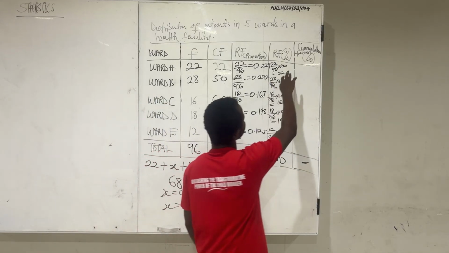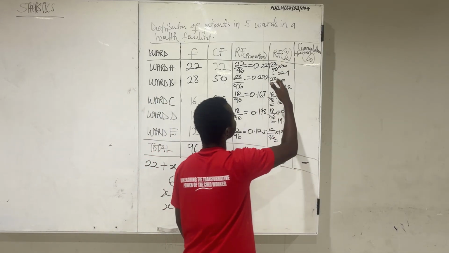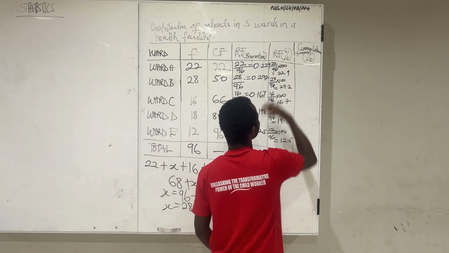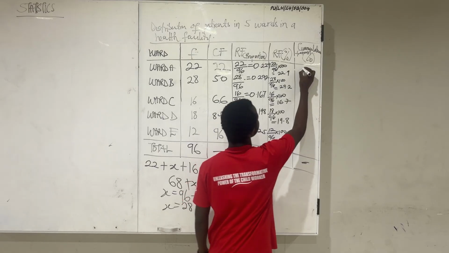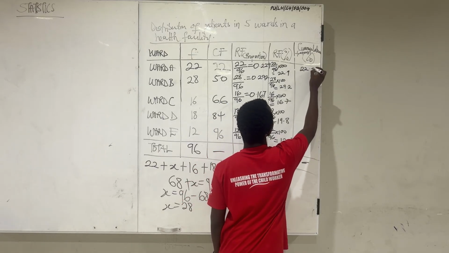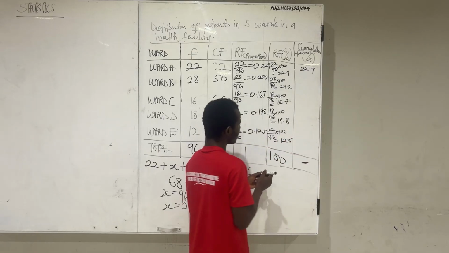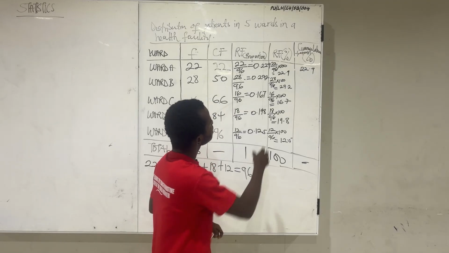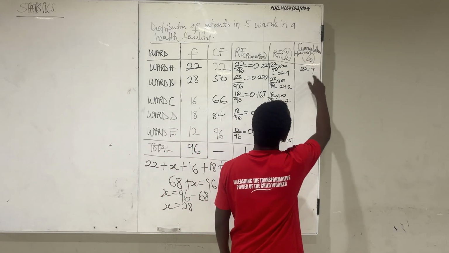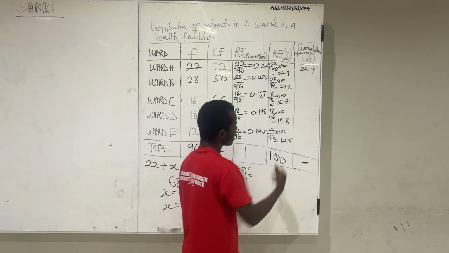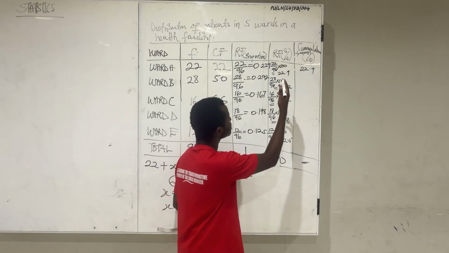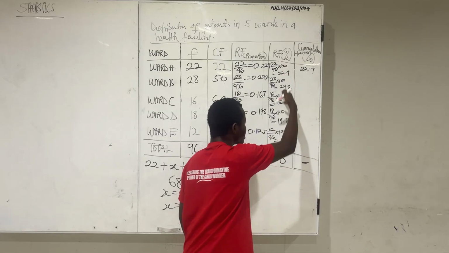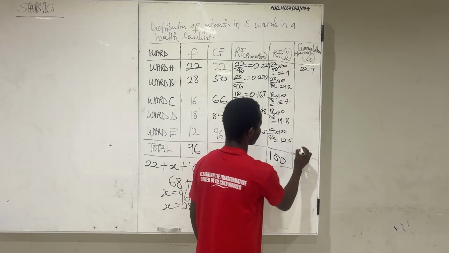The first relative frequency in percentage is equal to the first cumulative frequency in percentage. So here will be 22.9. And then the cumulative frequency in percentage, always the last sums up to 100 because it's in percentage.